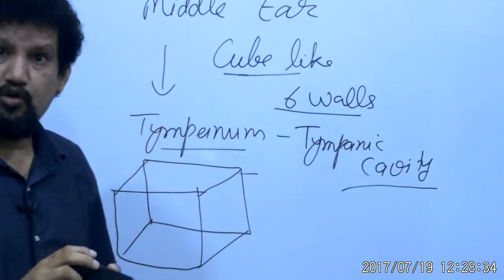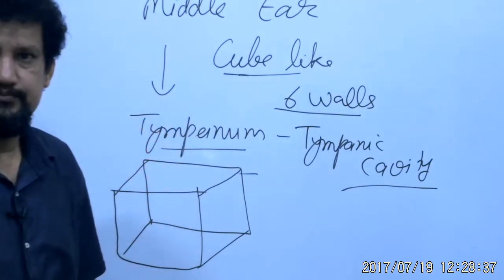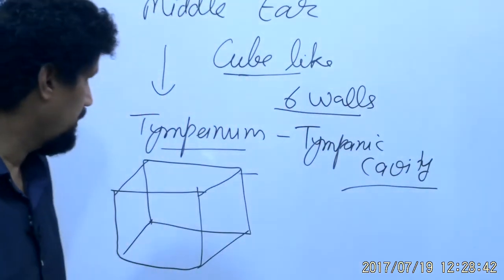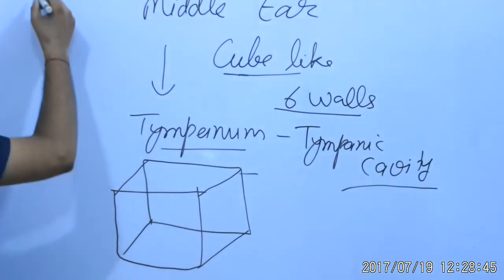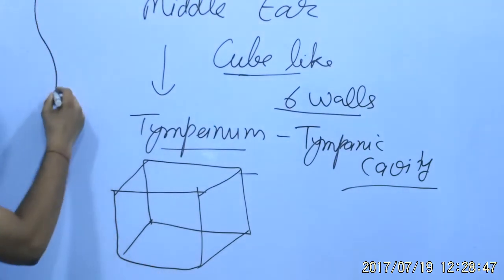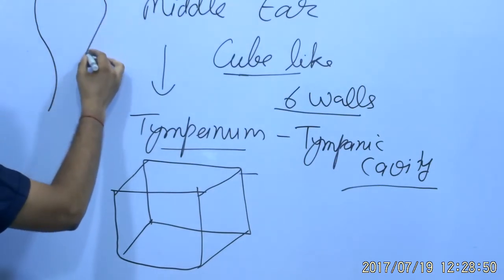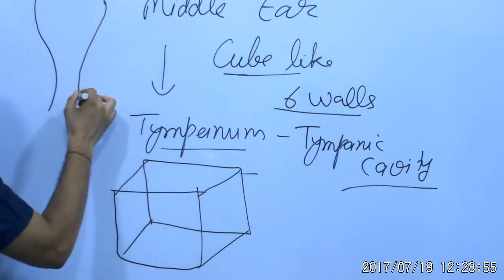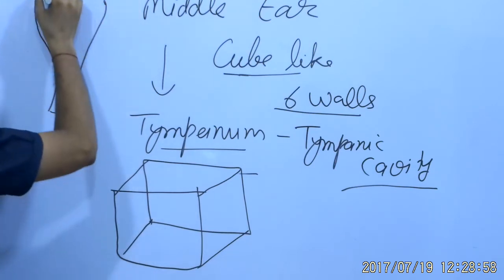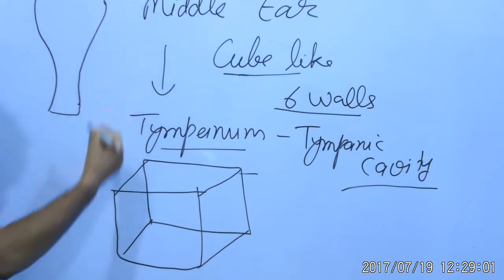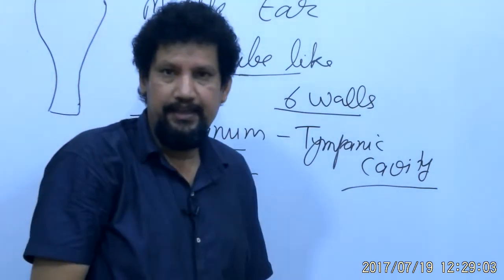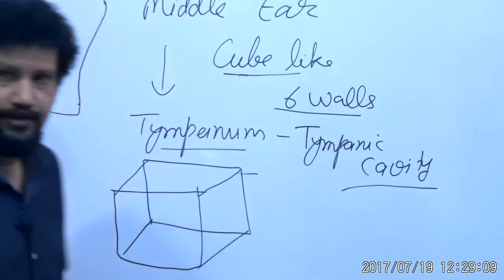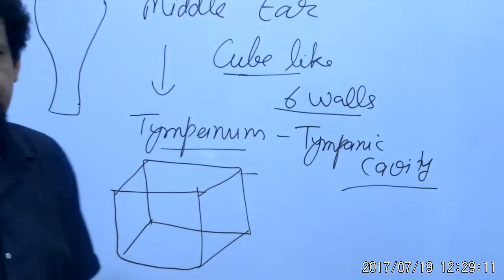But when we see the coronal section of this cube or middle ear cavity, it looks like this. It is not equal in all parts from above downwards. So when we take this section, the coronal section, the diameter of the uppermost part is the highest diameter.